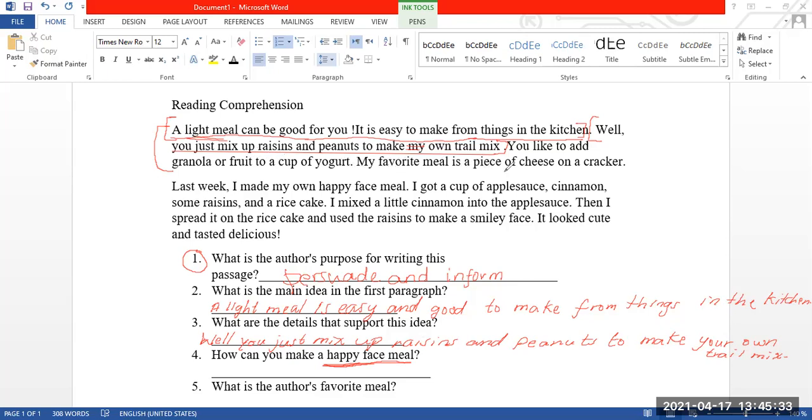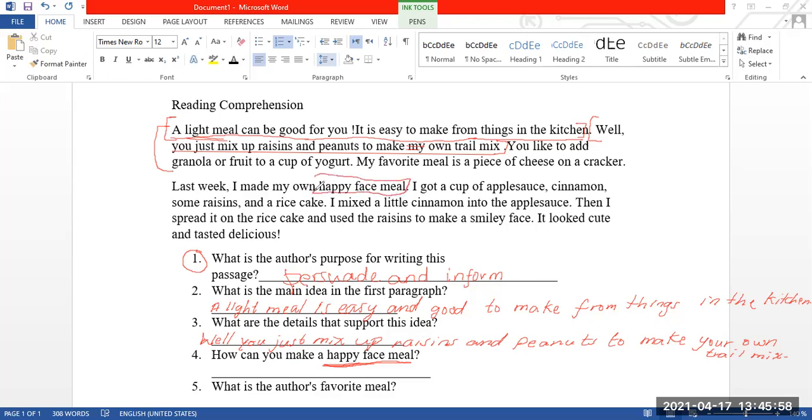My favorite meal is a piece of cheese on a cracker. Last week, I made my own happy face meal. I got a cup of applesauce. But the main thing we are focusing on is, how can you make a happy face? This is the question.